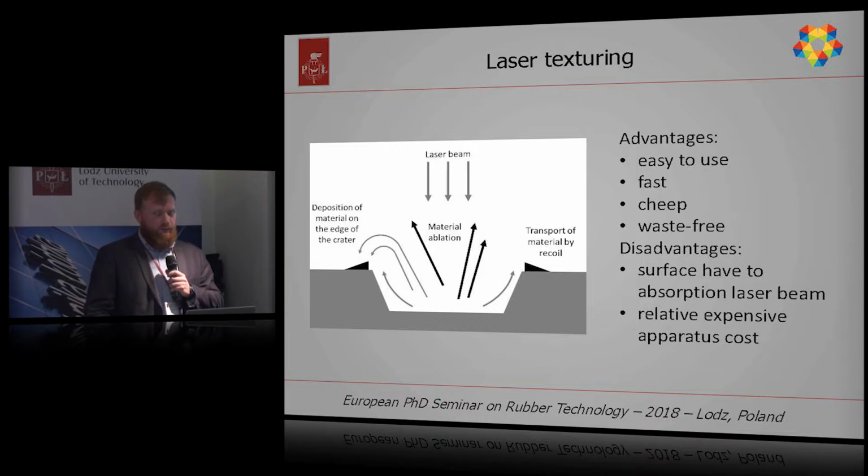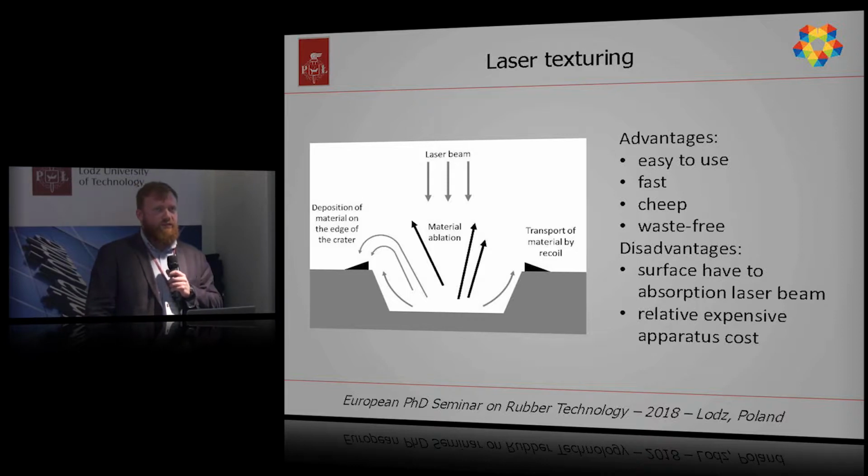Part of the material can be deposited on the edge of the crater, or some part of the material can be transported by recoil. The laser beam also generates heat on the surface.